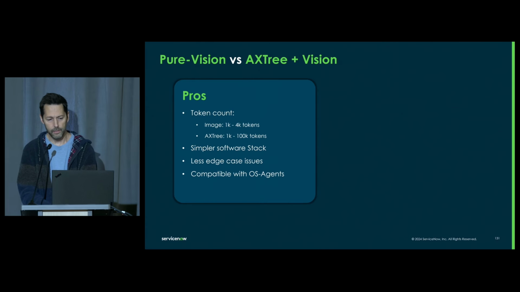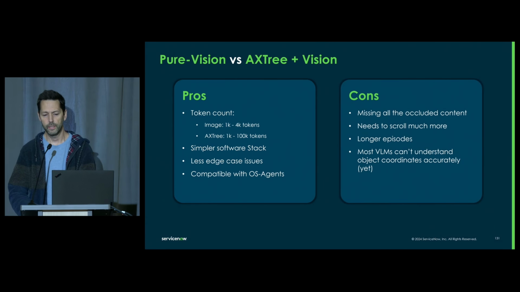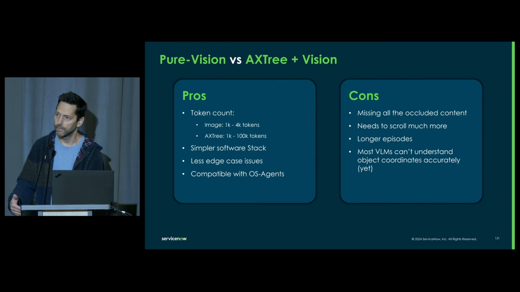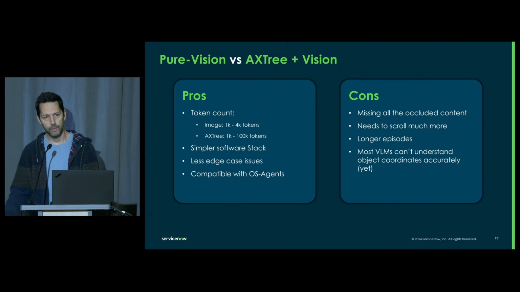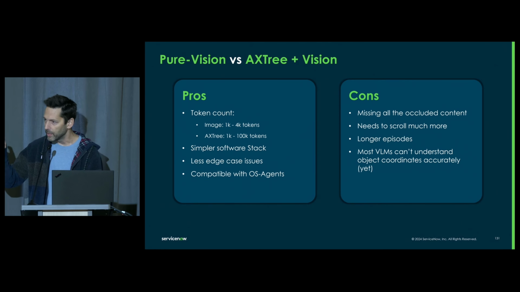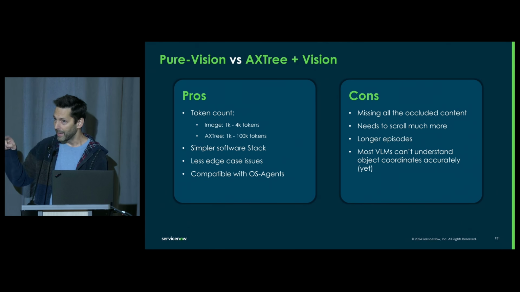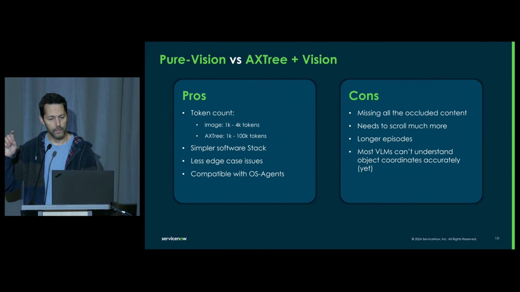So that's on the pro side, but there are also some cons. The accessibility tree is big because it contains a lot of information that would not be on the screenshot, the occluded content. For example, there's a drop-down menu, you need to click on it to see what's underneath it, and then maybe you have to scroll that drop-down menu to search and find what you need to click on.